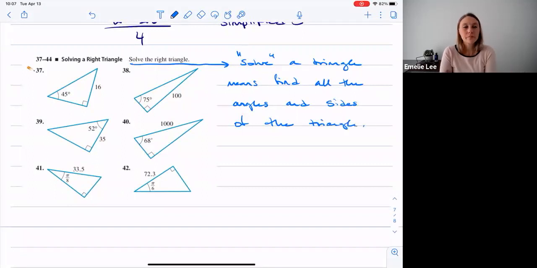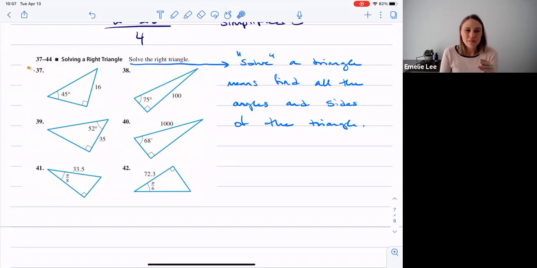Okay. One thing that's important is that the total of these angles has to be 180 degrees. That might sound familiar. Because one of these is always 90, the other two angles have to add to 90 degrees.